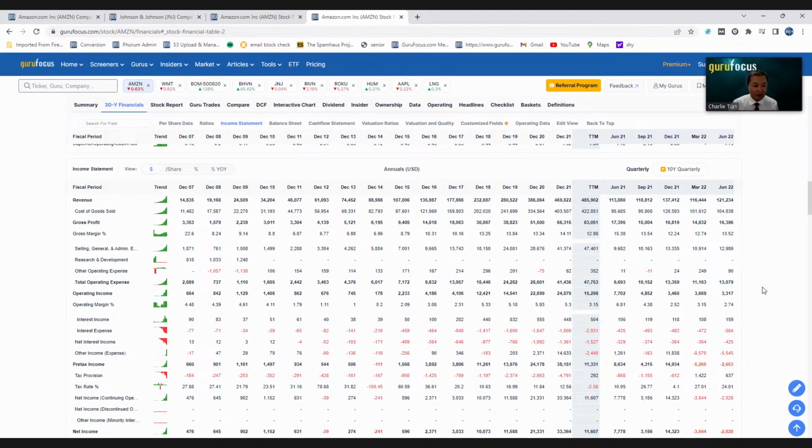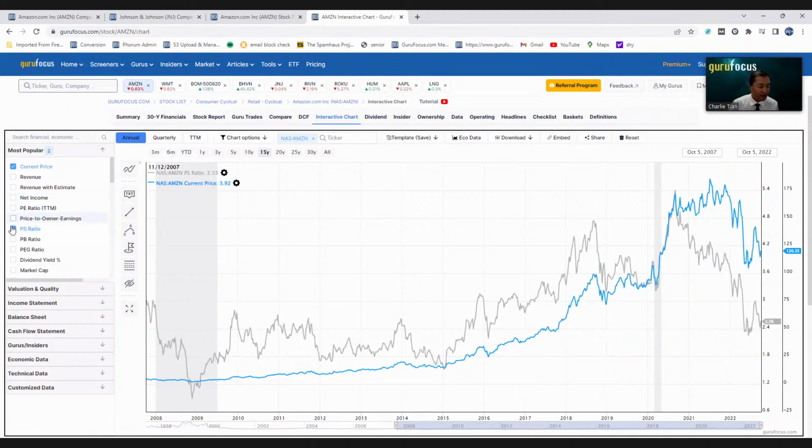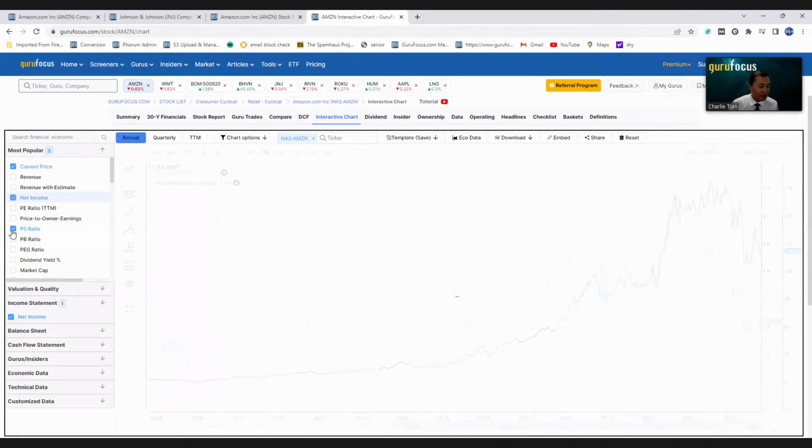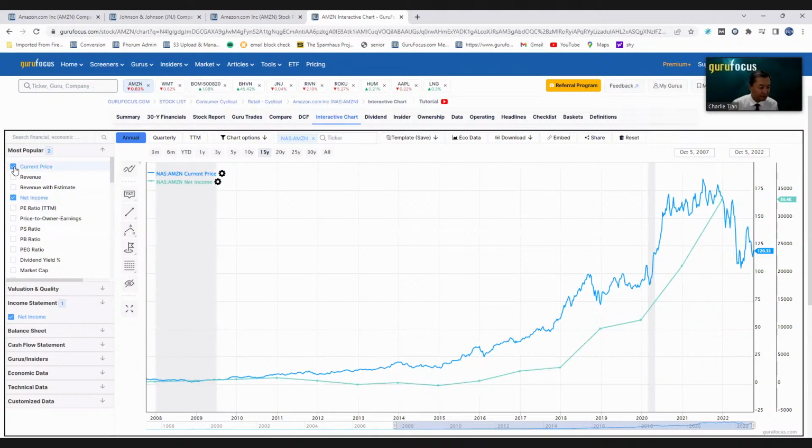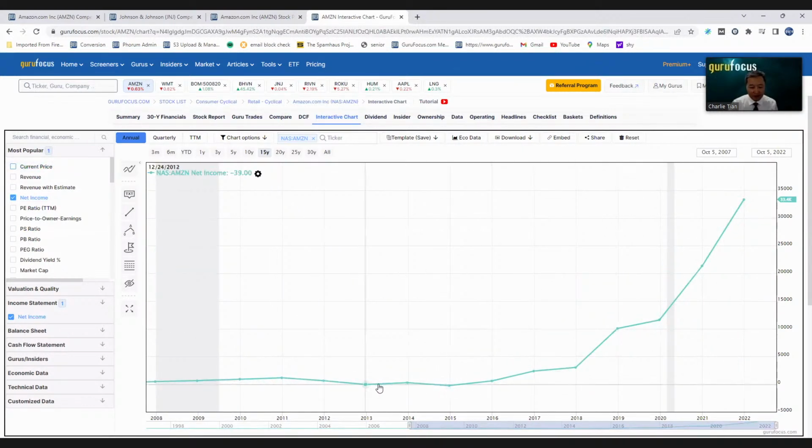But if you look at them, let's go back again to this chart. I think it's a good question. Let's look at their net income. Amazon's net income for a long time was close to zero. Look at here.